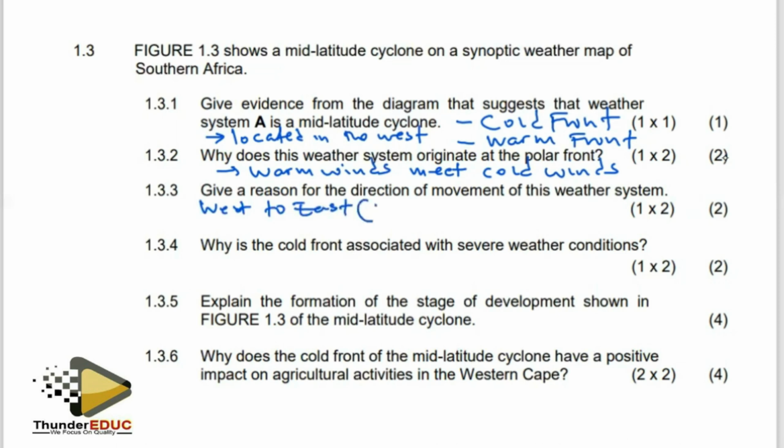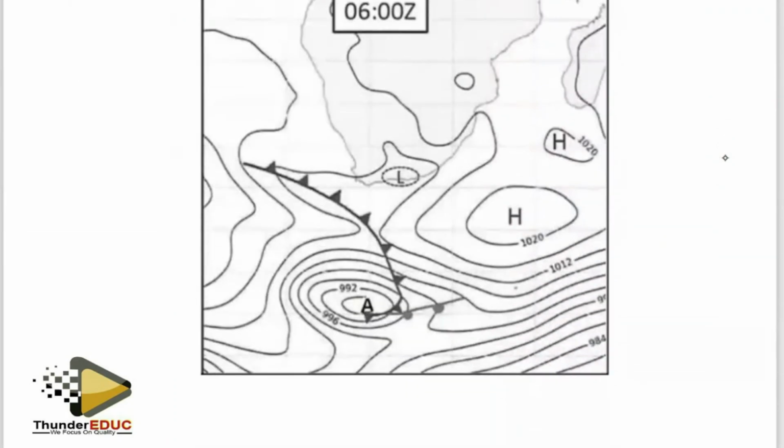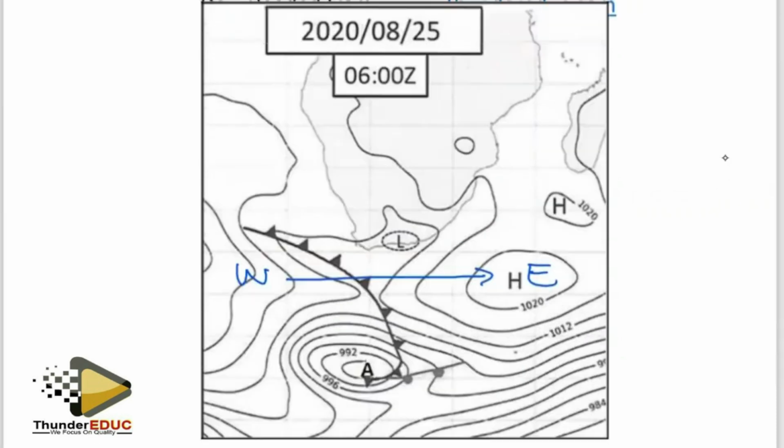Then we say they are driven by the westerly winds. So if you look at the diagram, usually mid-latitude cyclones move from the west going to the east.